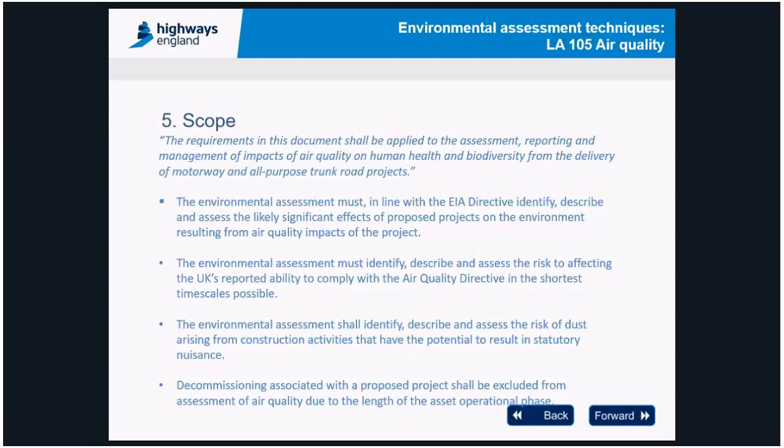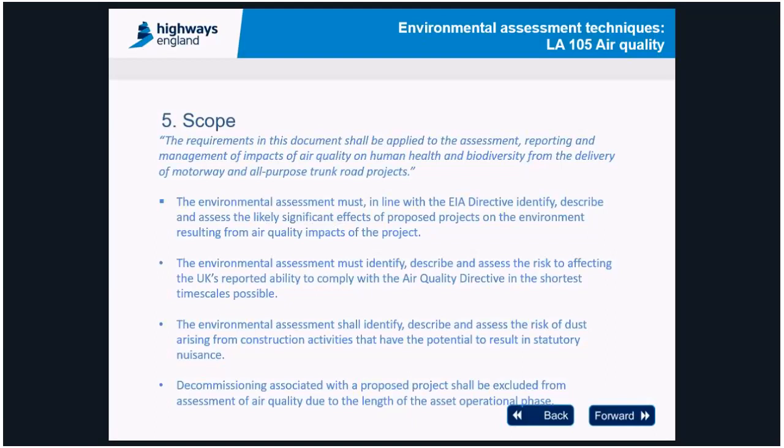And just a little bit of further context. The air quality assessment obviously must consider the EIA, and whether the scheme results in a likely significant air quality effect. We've also got the competing risk for air quality in that it must also make a judgment on whether a scheme would affect the UK's ability to comply with the Air Quality Directive in the shortest timescales possible.